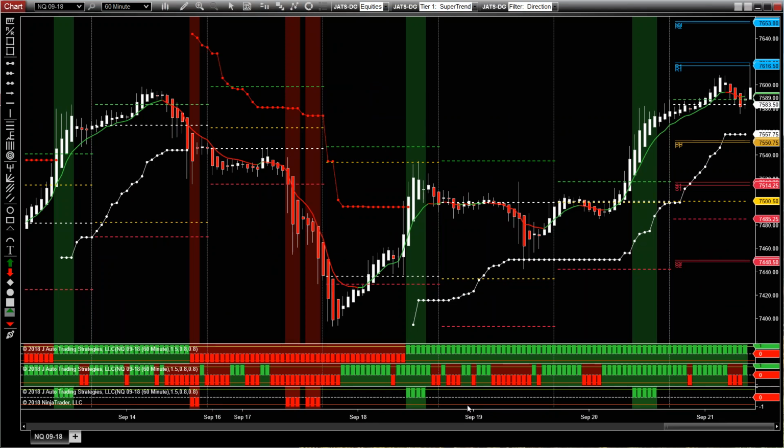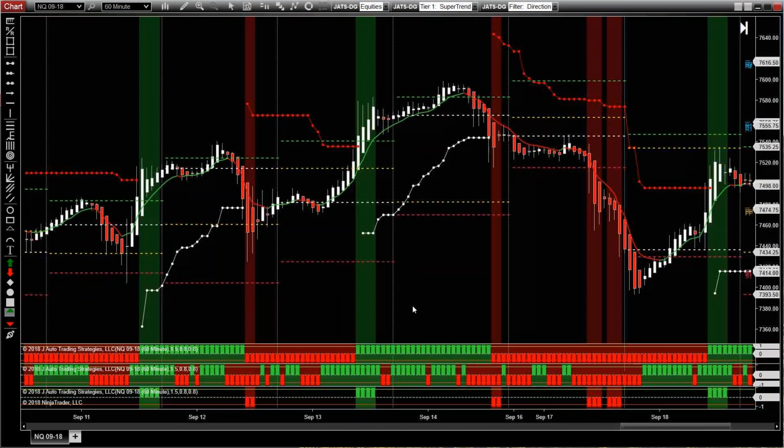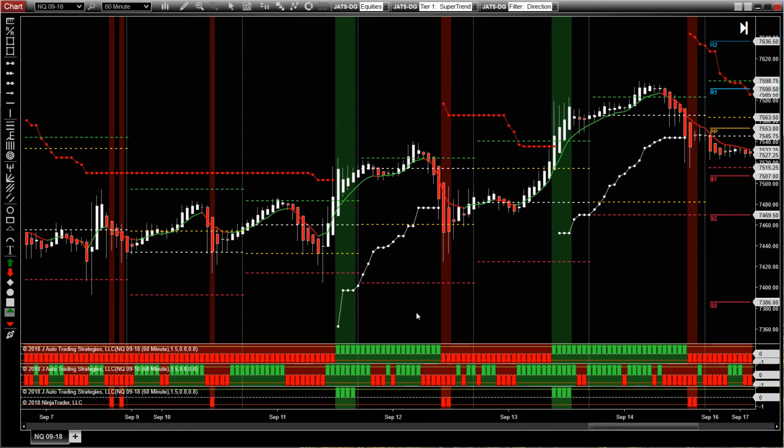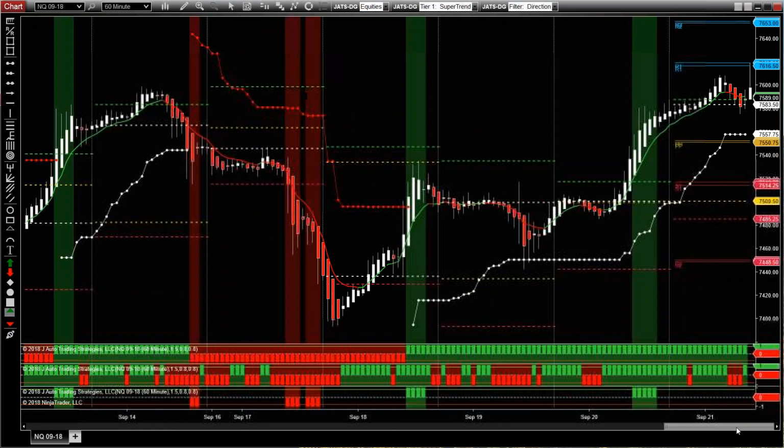Basically, what we're doing is trying to trade in the direction of the trend and away from the prior close and high whenever possible, or the prior low and close and low. So we're trying to trade directionally with prior day open, high, low, close, and a trend filter. So that's very, very simple.